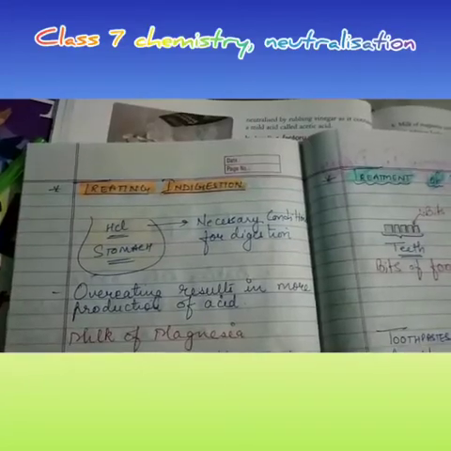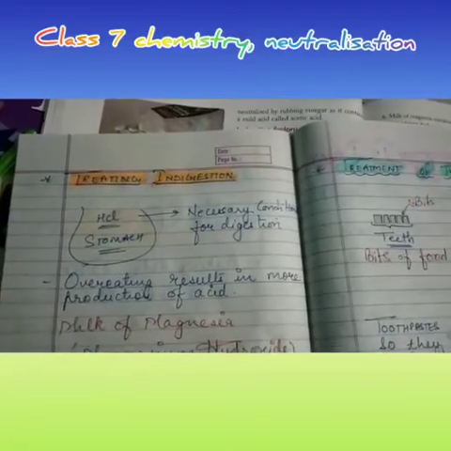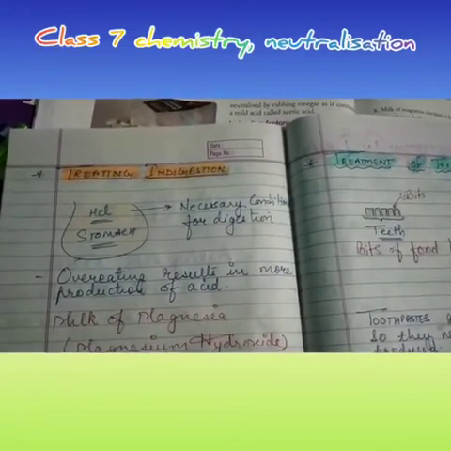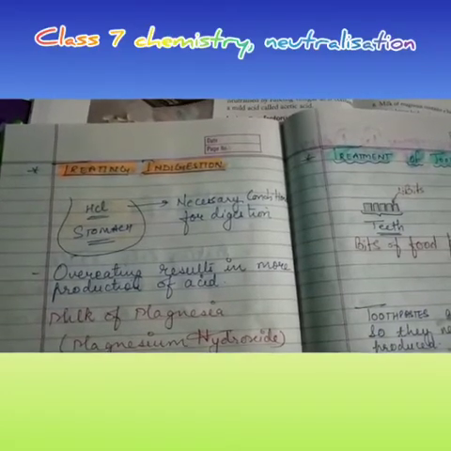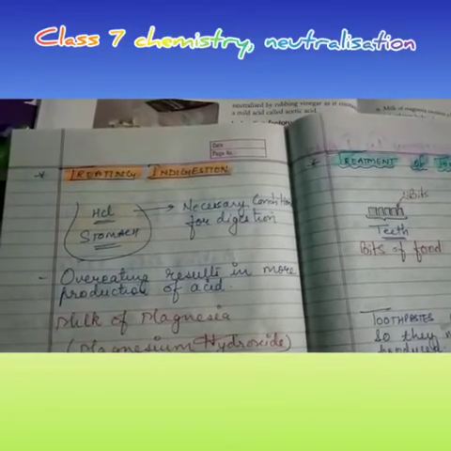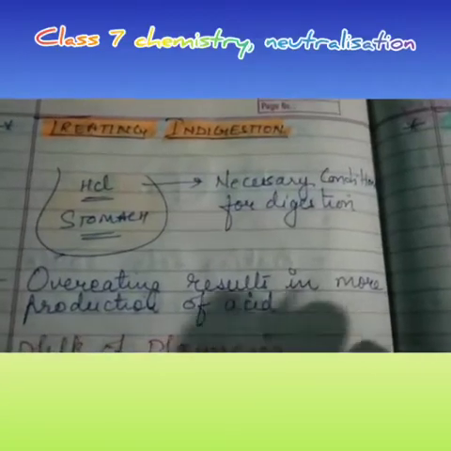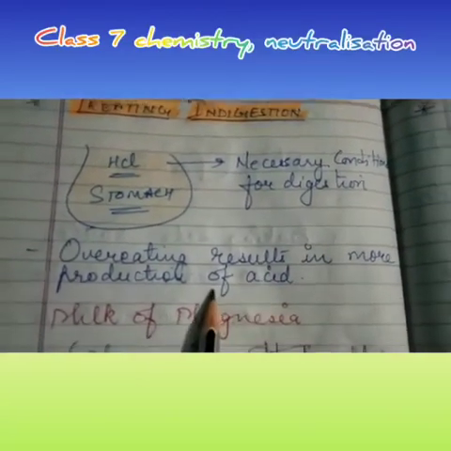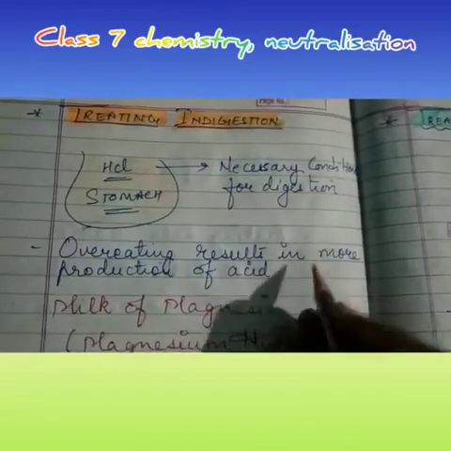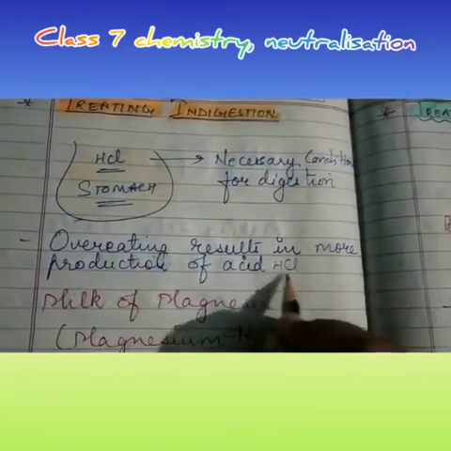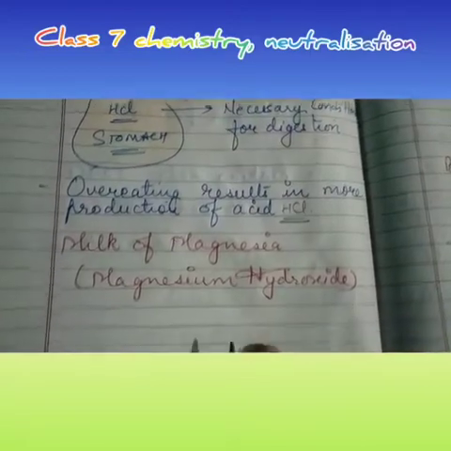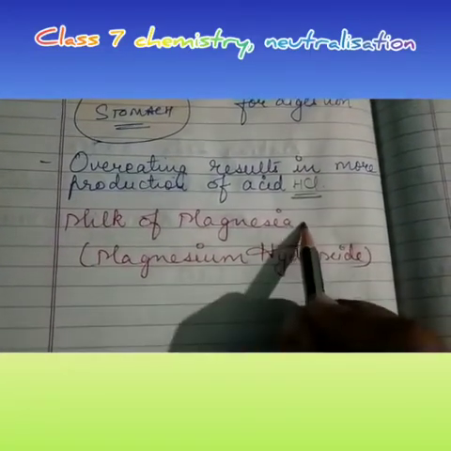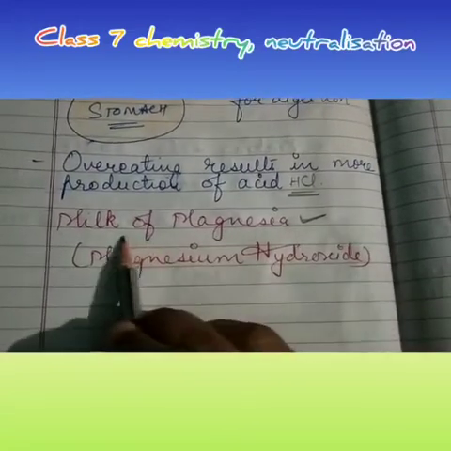Next is treating indigestion. See, I have told you HCl is produced inside the stomach. It helps in the digestion of food. It's necessary for creating the condition for digestion. But if a person overeats, eats more than required, then there is greater production of acid, greater production of HCl. In that case, there is acidity for a person. He feels an acidic type of feeling inside the stomach. In that case, they are advised to drink milk of magnesia.